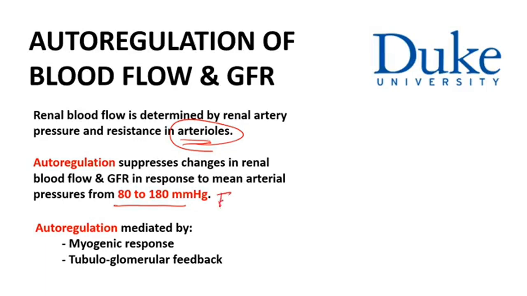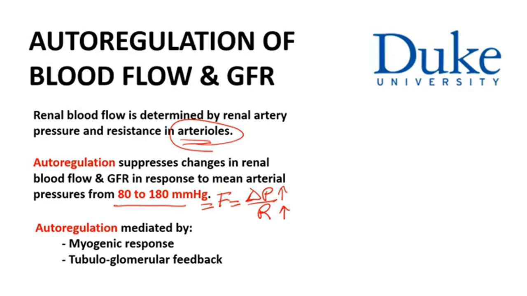And this is simply our equation. Remember, we have delta P over R, where if we increase pressure within the system, and you increase resistance within the system, you can keep the flow constant. That's effectively what the kidney is doing, and this is called autoregulation.